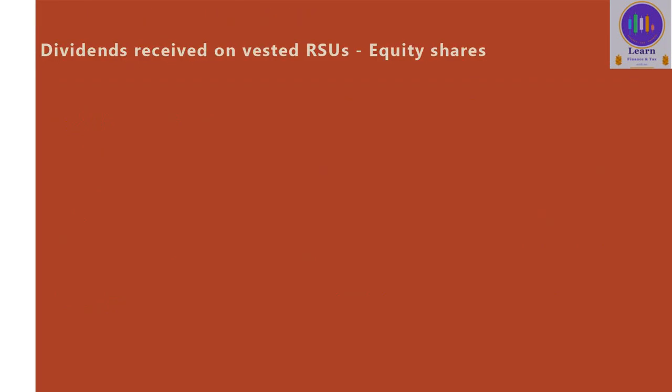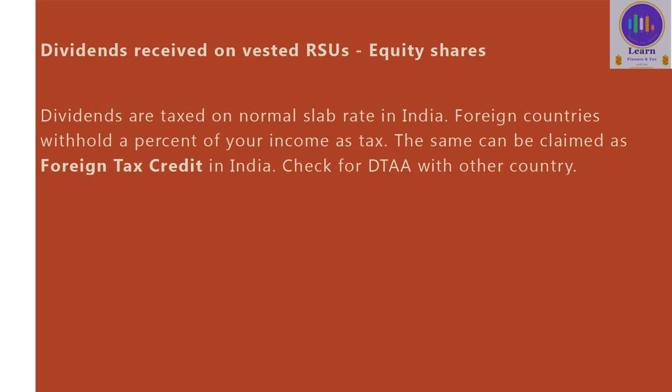Dividends. These are taxed at the normal slab rate in India. Foreign countries have different rates, and they withhold a certain percentage of your income as tax. The tax can be claimed as foreign tax credit in India. So check for DTAA with the other country.